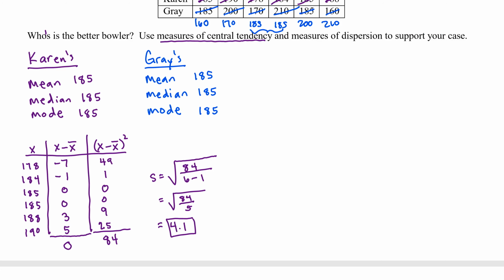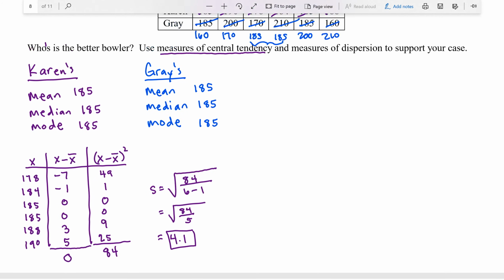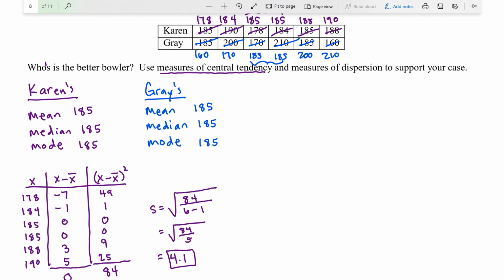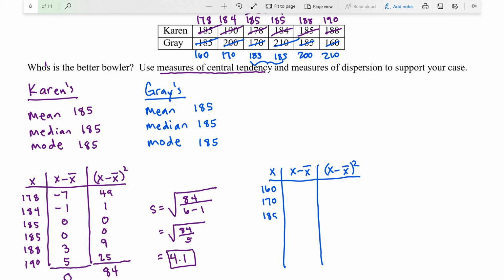Let's repeat this same process and we'll calculate Gray's standard deviation. So again, I'm going to list his data points, find the difference between each data point and the mean, and then square those differences. Then we'll use this table to work our way up to that complicated looking formula step by step.